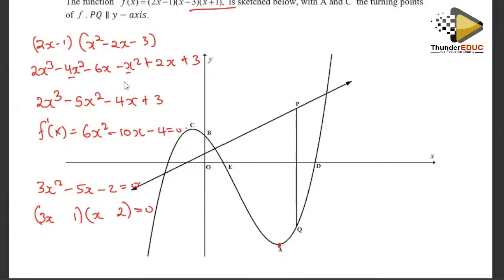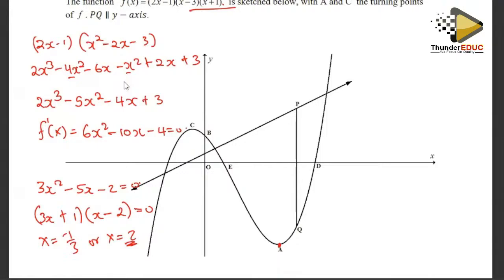That's a 6, minus plus. Nope, it's the other way around, otherwise it's not going to make sense. So it's going to be a plus and a minus, minus 6. Okay, meaning that x is negative a third or x is 2. So between A and C, meaning that A is going to be 2.